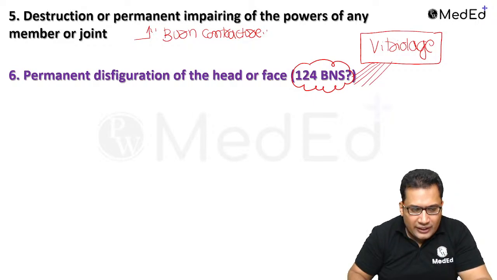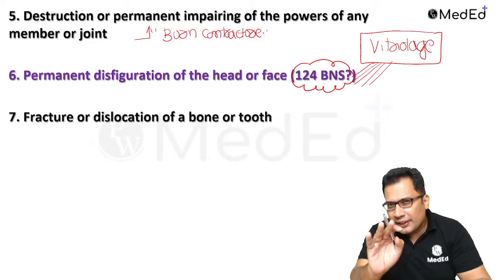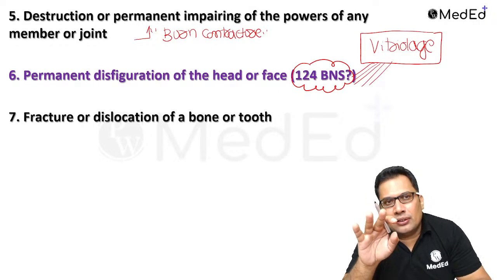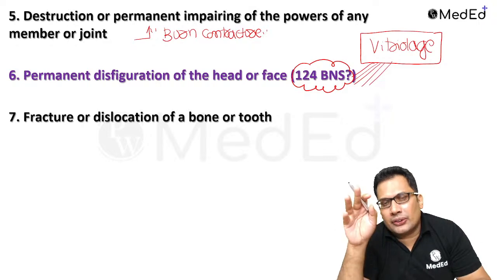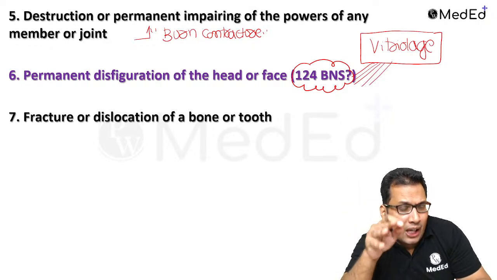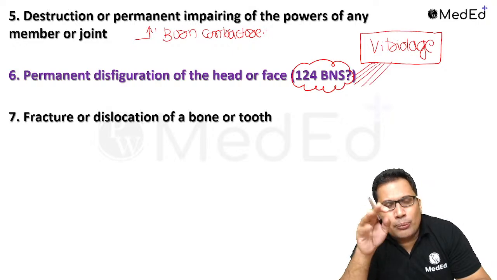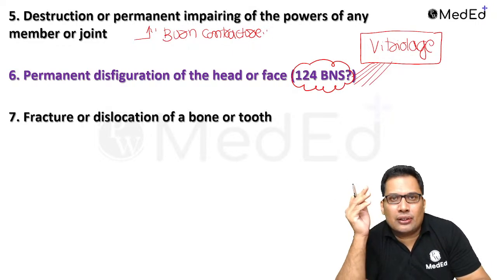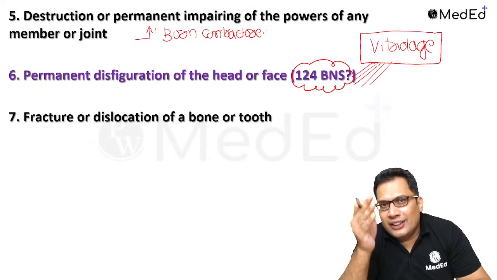So 6th over. 7th one, remember, it is related to fracture. Any fracture, for example, metacarpal fracture, skull fracture, any fracture in the body, or dislocation of bone or joint, shoulder dislocation, elbow dislocation, knee dislocation.